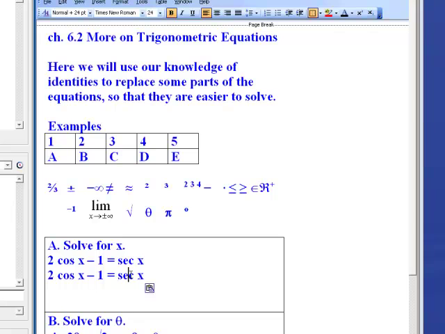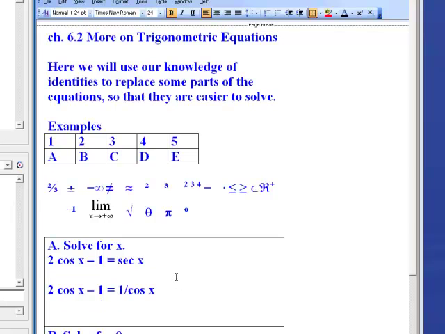So this is going to come out to 1 over cosine x. There we go. Then we multiply on both sides. I think I'll write this down here.